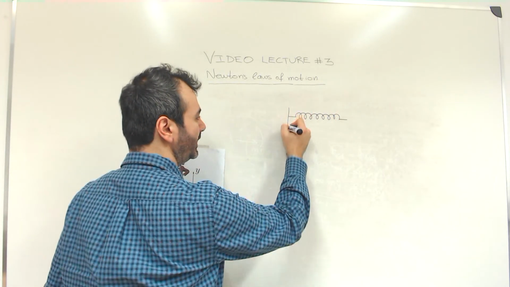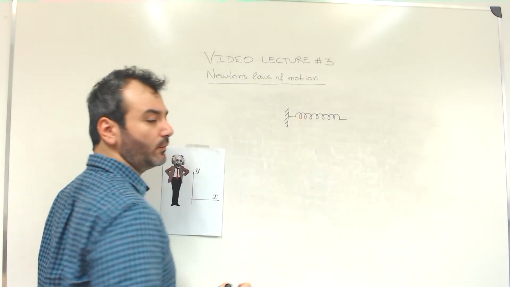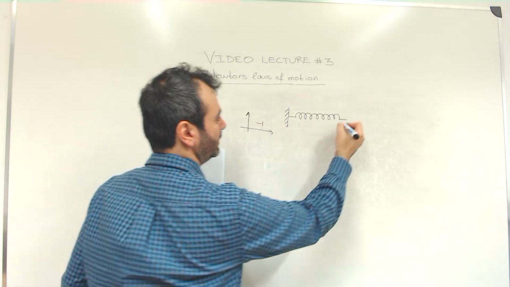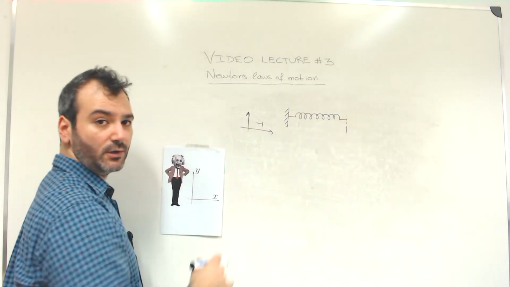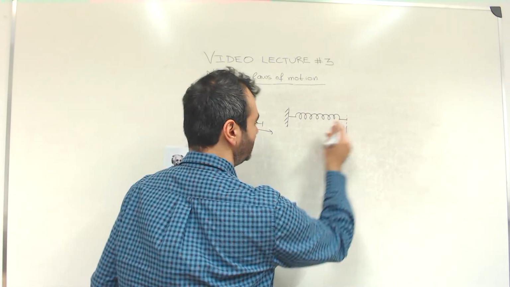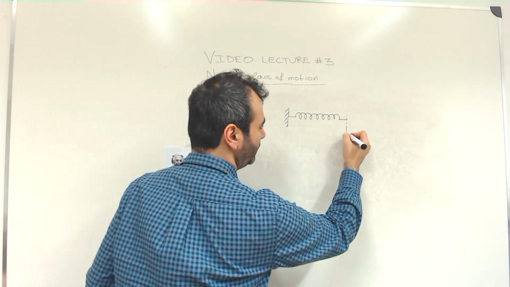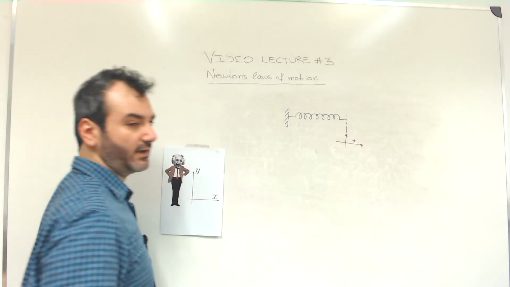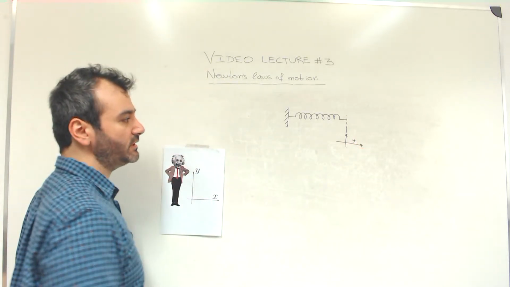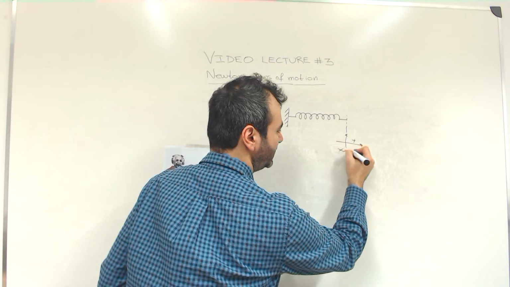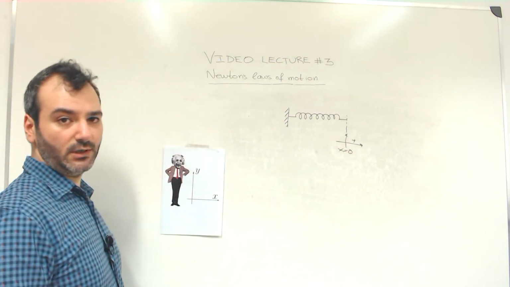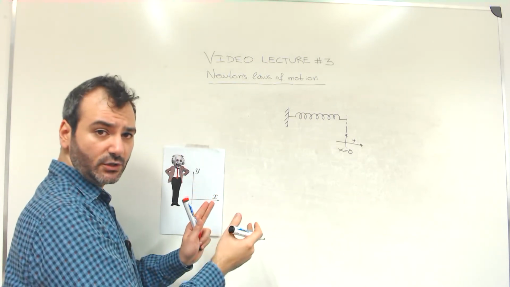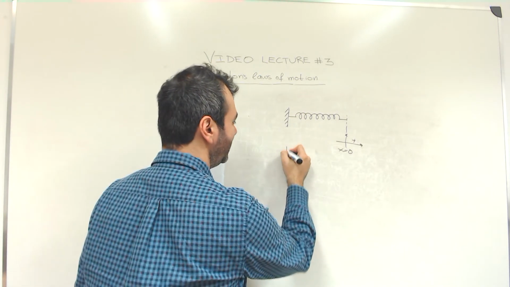It can be, for example, attached to a wall, and this spring has a natural length. Let's say that we place exactly here our inertial frame of reference, and this is a convenient choice because at x equals 0 we have the natural length of the spring. So if you don't extend it, if you don't squeeze it, it will have exactly this length.